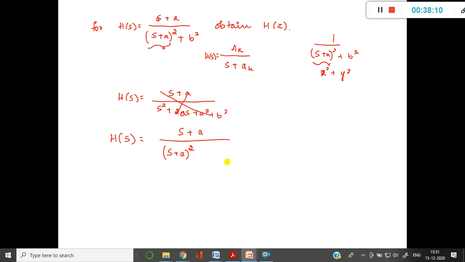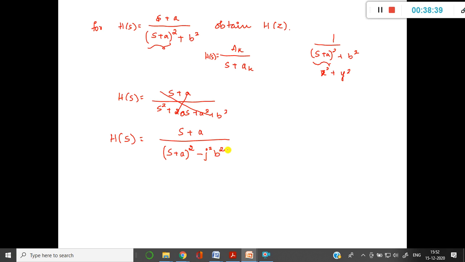Now I can write b square plus b square idea, so can I include minus j square here? What is j square? Minus 1. Minus 1 into minus is once again plus. So this will not disturb my original equation, right? This will be the same as my original equation.